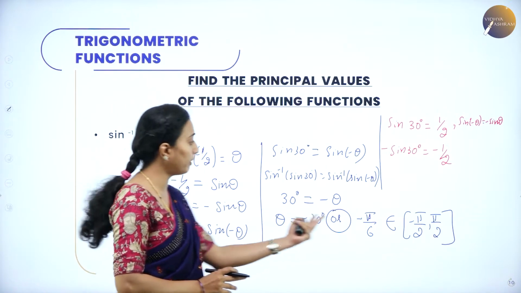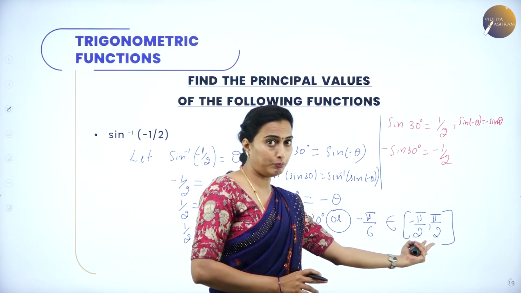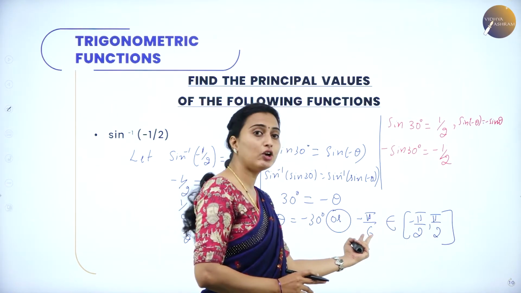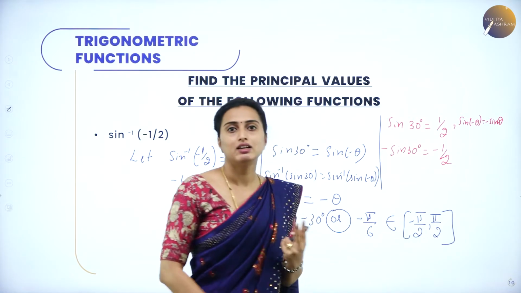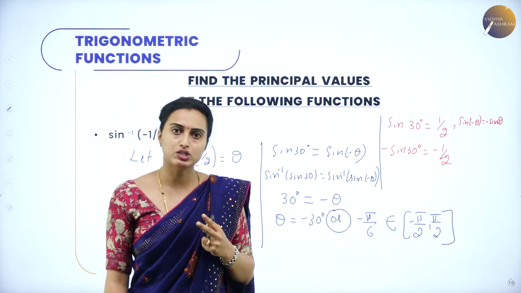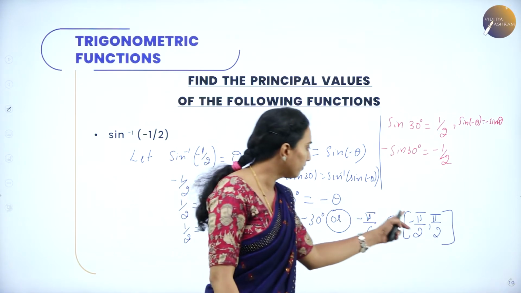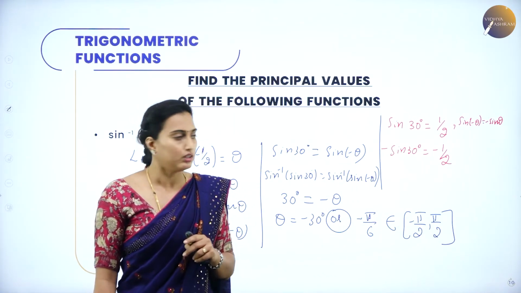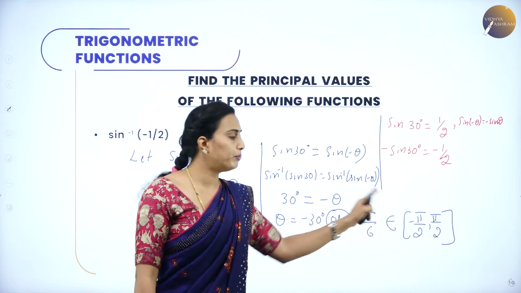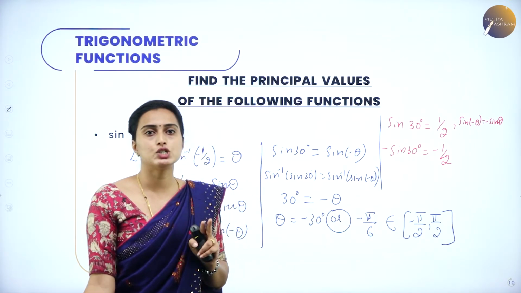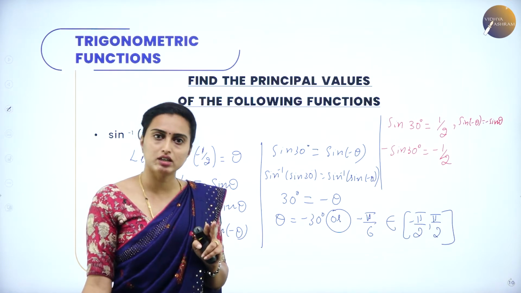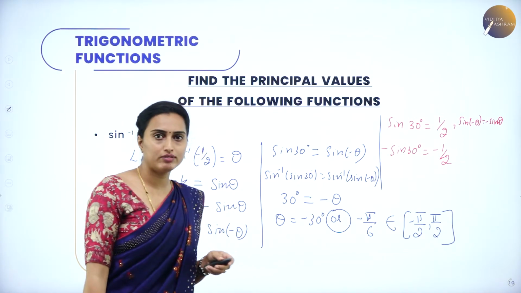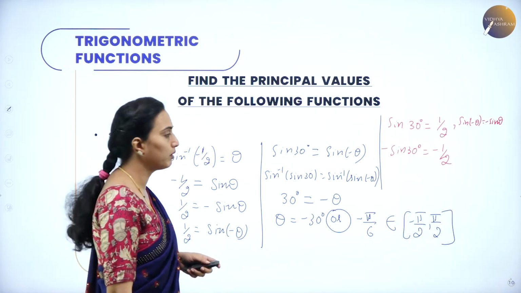You need to check whether the answer belongs to this principal value range. If it belongs, then you write that. If it does not belong, then you have to solve further. Here, minus 30 degree is obviously between minus 90 and plus 90, isn't it? So this is the solution of sine inverse of minus 1 by 2.